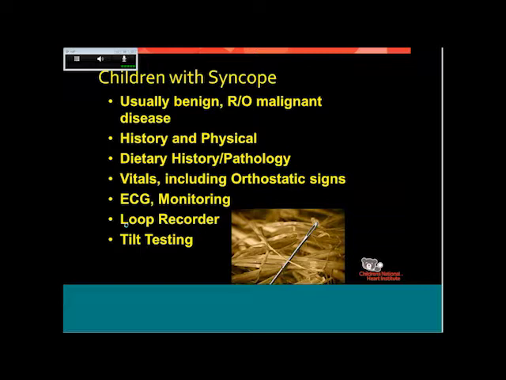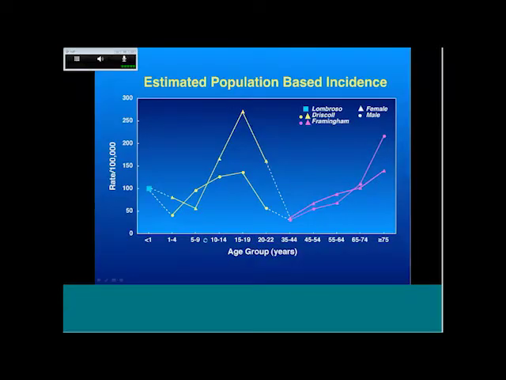If their heart rate goes up 30 points, or their blood pressure plummets when you go from lying to standing, that's pretty diagnostic, and you can treat them with fluids and salt, and they don't need a cardiology consult to change their diet. If not, then we may do, as I said, some other monitoring procedures, particularly ECG.